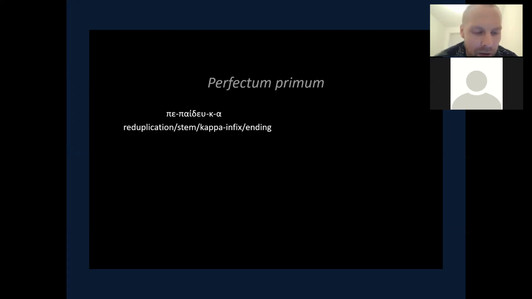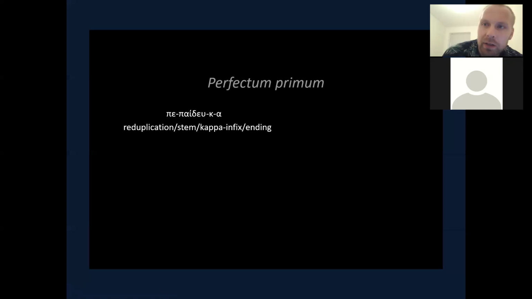Then in the perfect one, we have a kappa infix between the stem and the ending. And further we have a so-called reduplication, which is placed before the stem of the verb. And finally, we have also the first person ending, which is here an alpha. So the full form is pepaideuka.